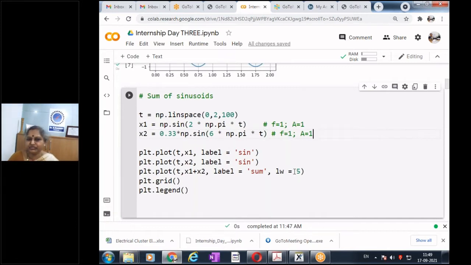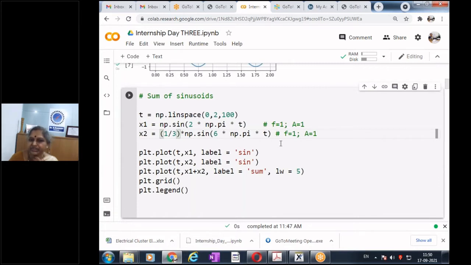Can someone tell me what's the frequency for x2 and what is the amplitude of x2? Please look at the signal 1 by 3 sine 6 pi t.